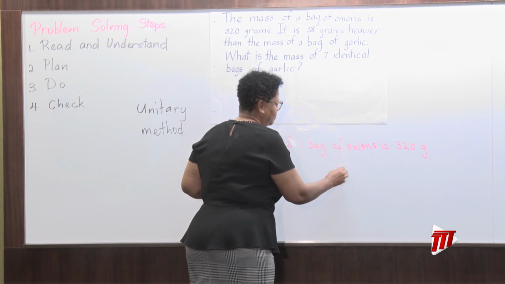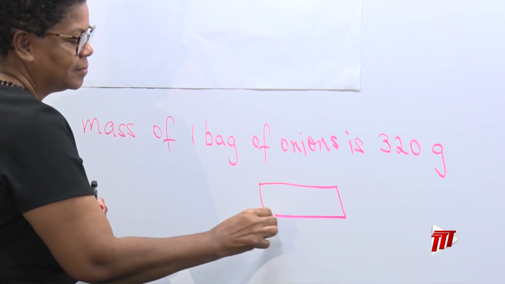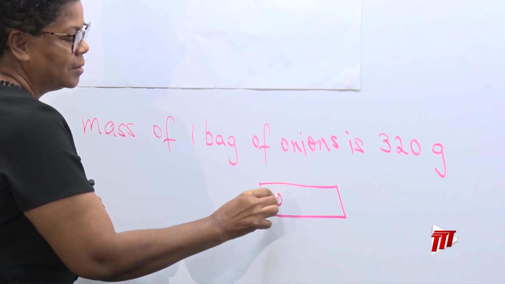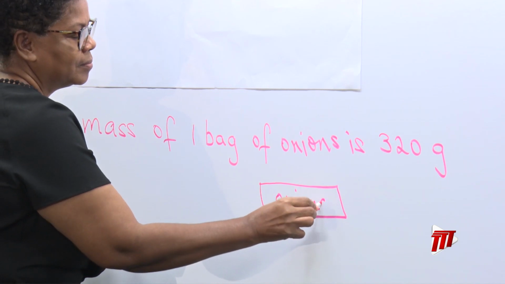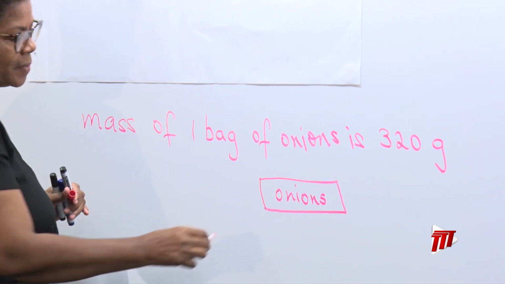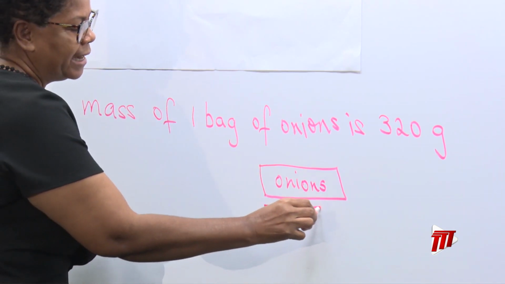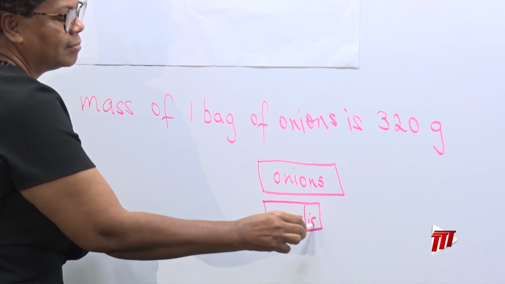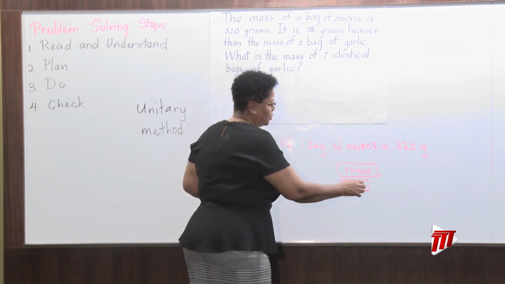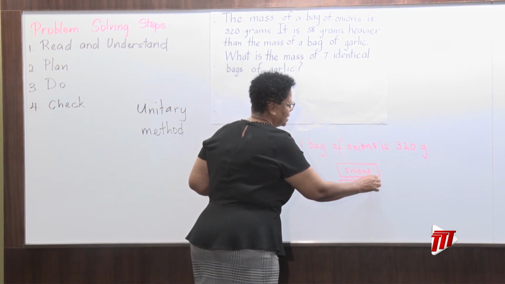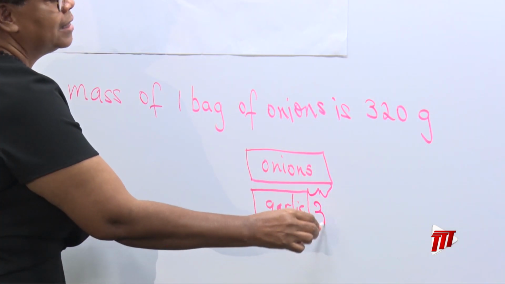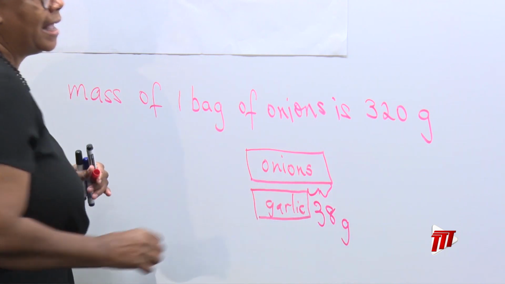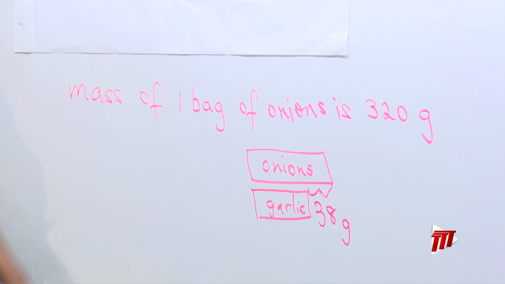So this is your bag of onions. And then this is your bag of garlic. And your onions is 38 grams heavier than your garlic.